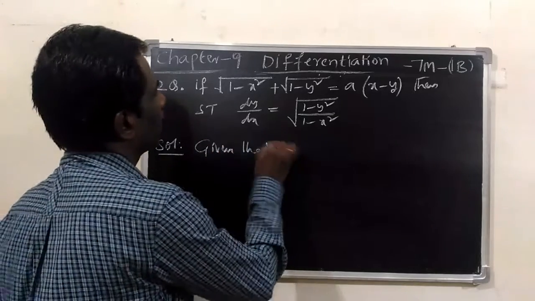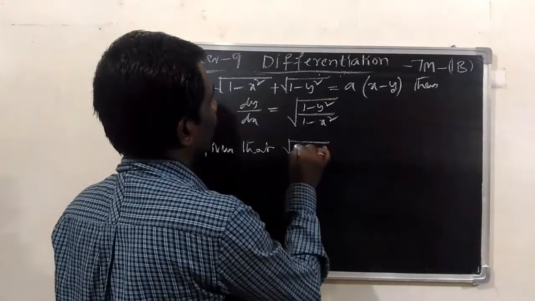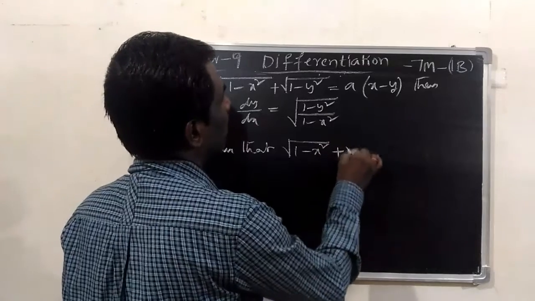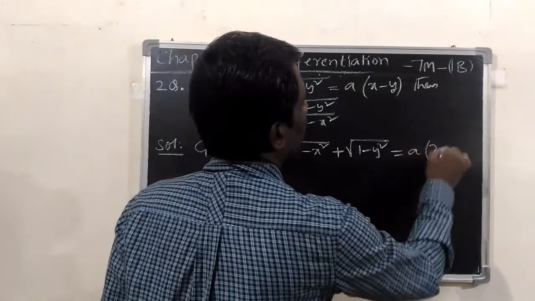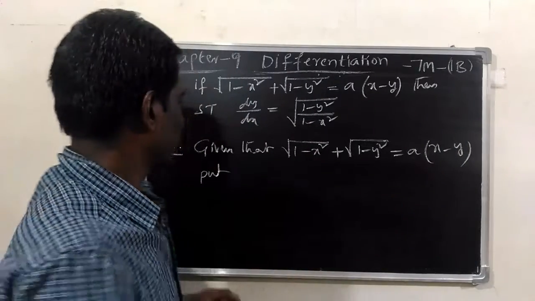Given that √(1 − x²) + √(1 − y²) = a(x − y).